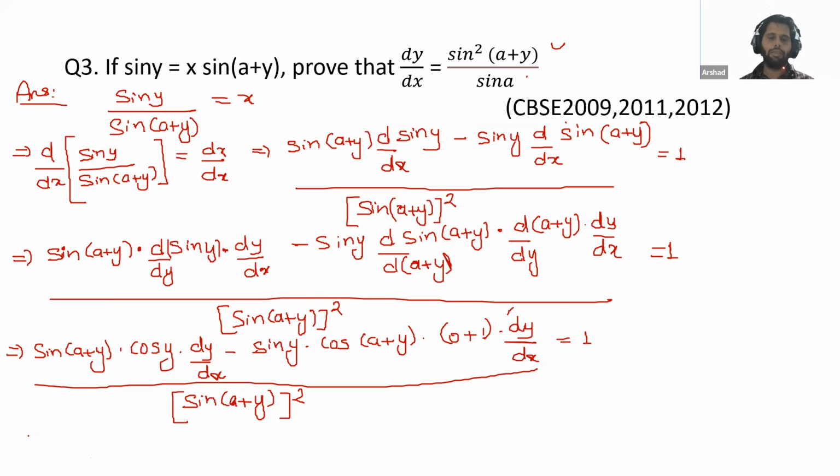Yes, sir. Okay, then in the numerator, we can take dy by dx common. Please check, in both the terms you have dy by dx, so you can take that out as common.